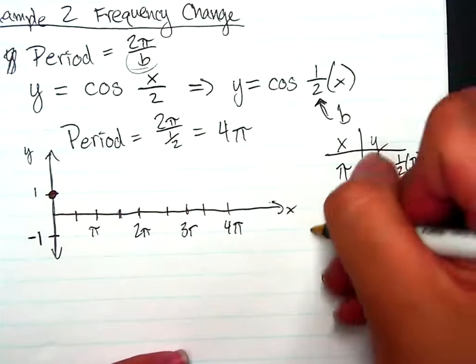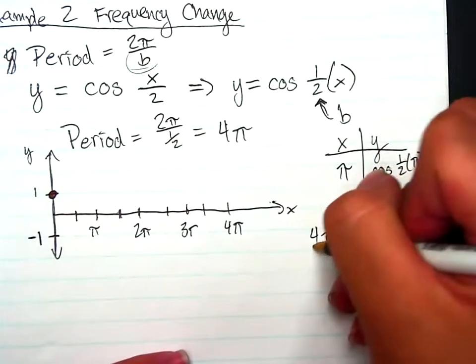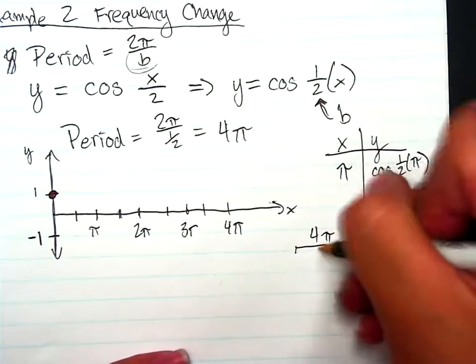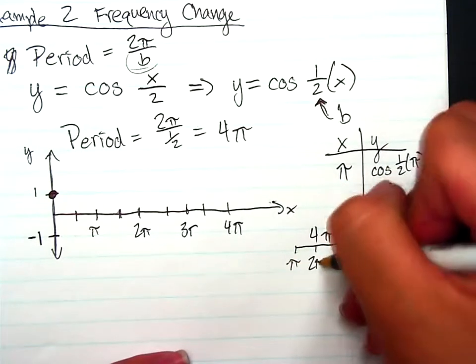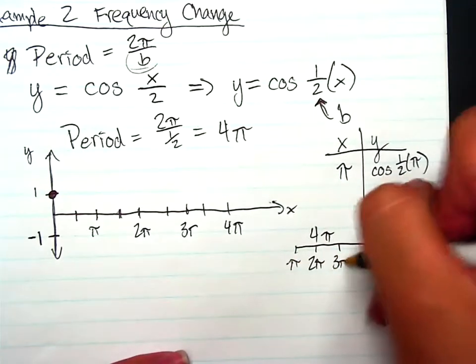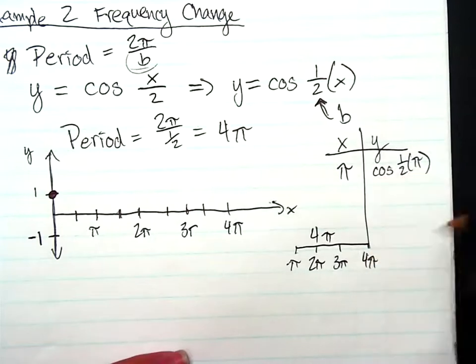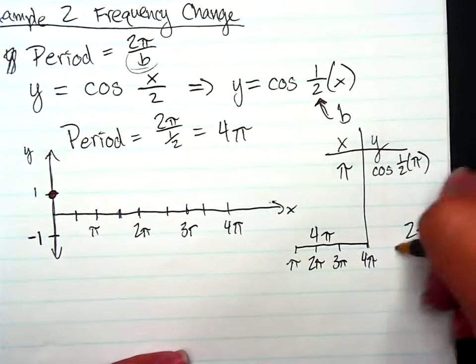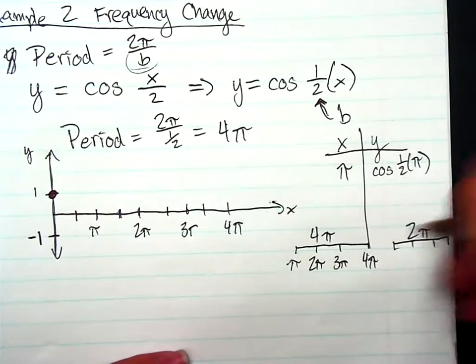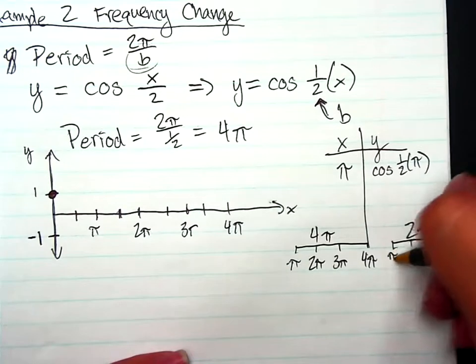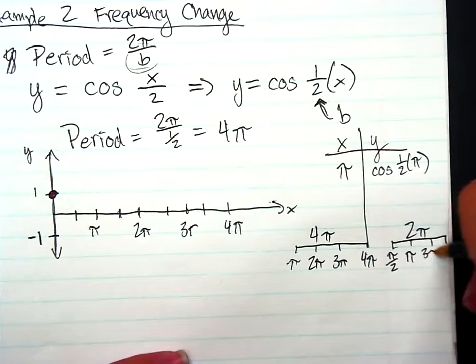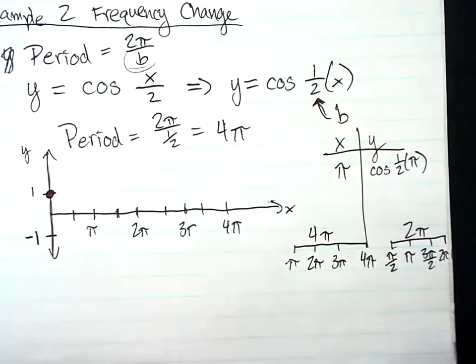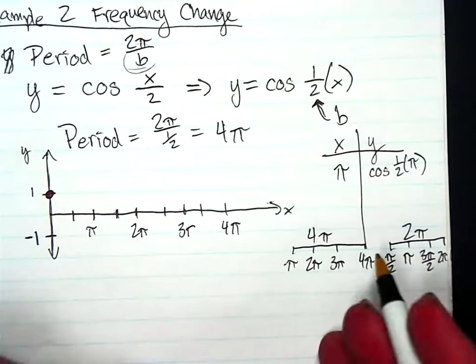So if I split up 4 pi into 4 regions, it's going to be pi, 2 pi, 3 pi, and 4 pi. Before, when it was 2 pi and I split it up into 4, 2 pi divided by 4 would be pi over 2. Then here would be pi, 3 pi over 2, and then 2 pi. Okay? So really all we're doing is dividing by 4 and using those numbers from there.